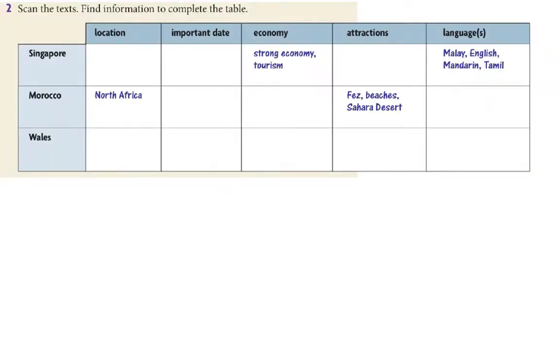Let's go now to the third exercise. It is the second exercise actually. Scan the text. Find information to complete the table. So in order to fill this table with information, we need to scan the three paragraphs 1, 2, and 3. Let us have a look at the table together.